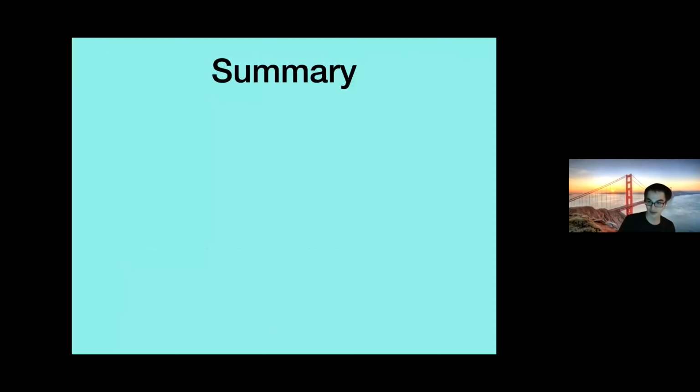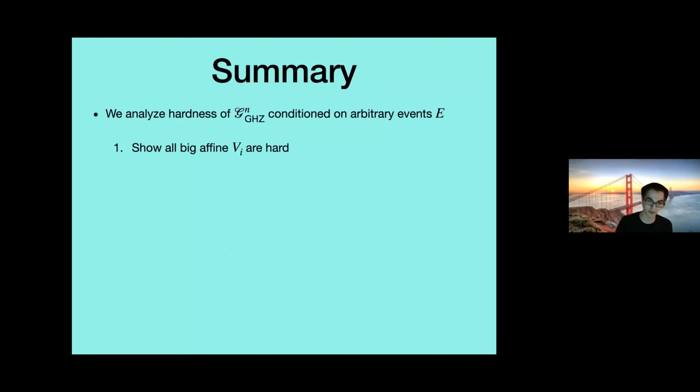All right, so I'm almost out of time, but just to summarize. We're trying to analyze this parallel repeated game conditioned on an arbitrary event. We first start with a special case, when the event is affine. I didn't talk about that, but that uses the fact that the GHZ Fourier distribution is linear.